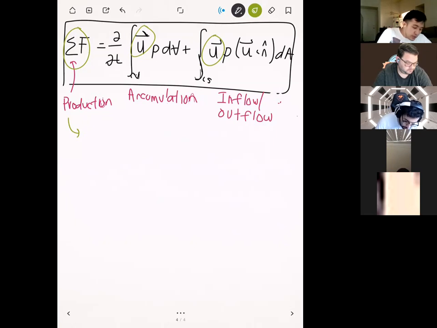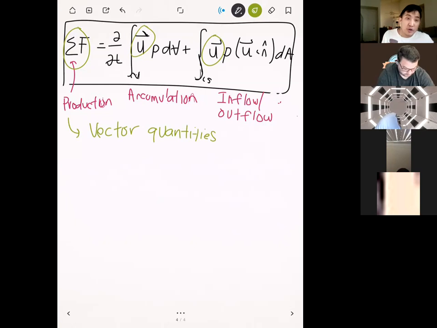That's due to the fact that both the forces and the velocities that I've circled here are vector quantities. And just by virtue of being a vector quantity, each has components in the x and y directions. Mostly we're going to do 2D problems.